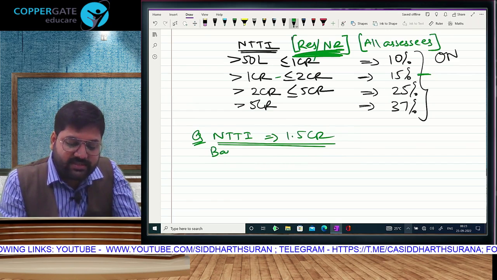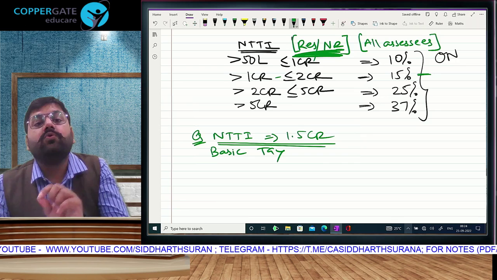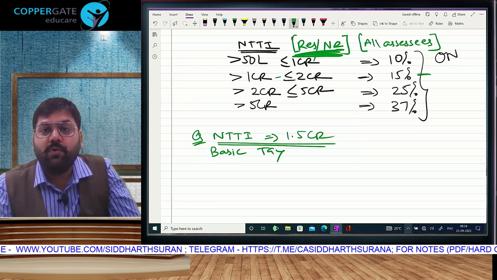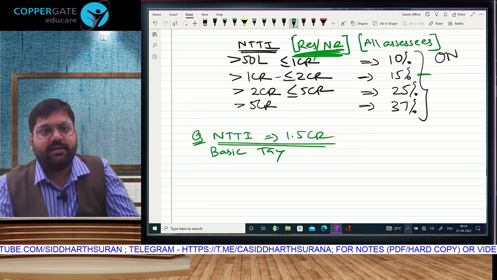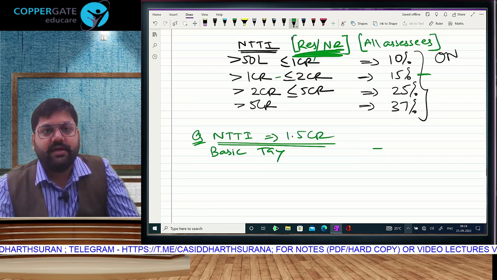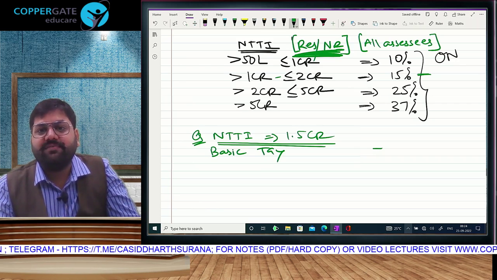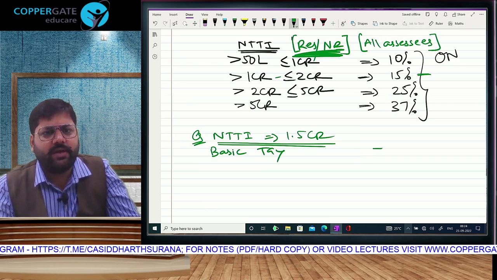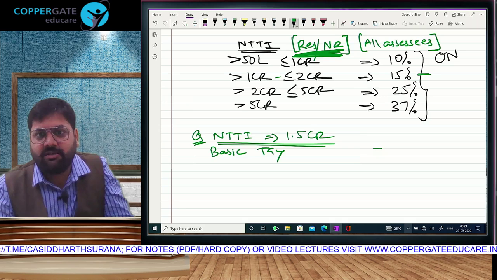Step number 1 is calculate basic tax. Before you calculate basic tax, do not use your brain. Even if you have one, you preserve it for later. First calculate basic tax. Income of 1.5 crore, basic tax. Before basic tax, don't talk to anyone. Basic tax. How will you calculate? Come on. Calculate it in the advanced manner.